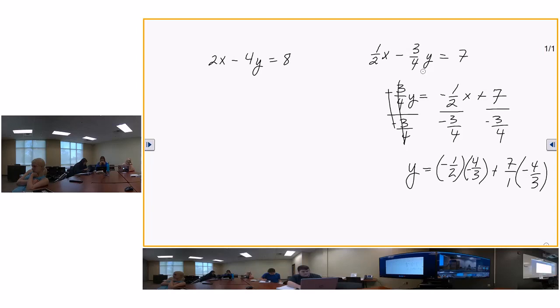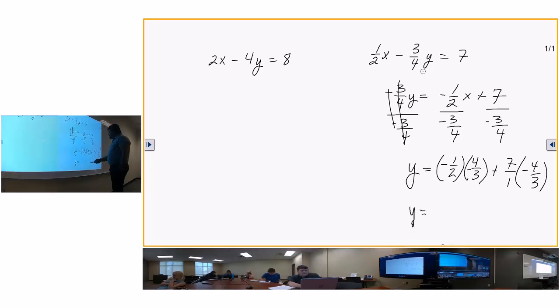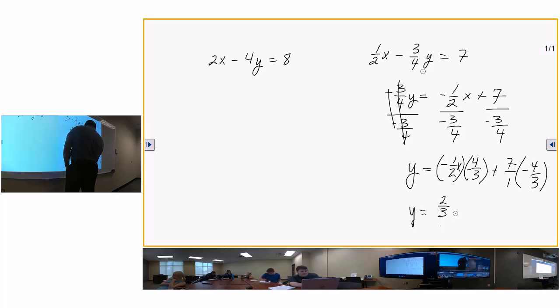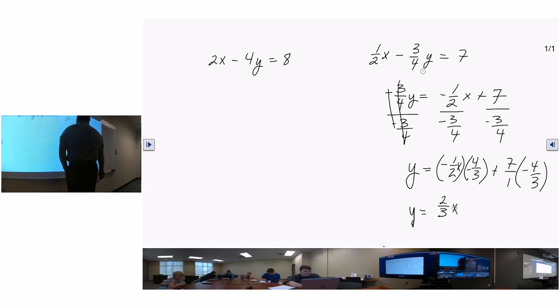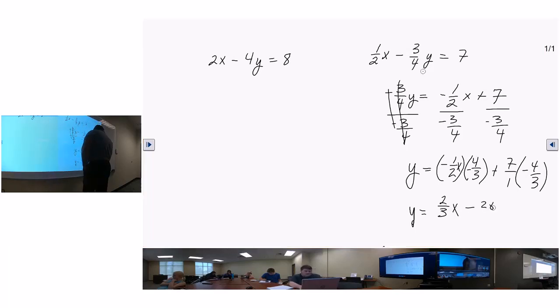So y is equal to, what's 4 over 6 combined down to? 2/3, Hubert? Thirds. Thank you. 2/3 x, and then minus 28/3.